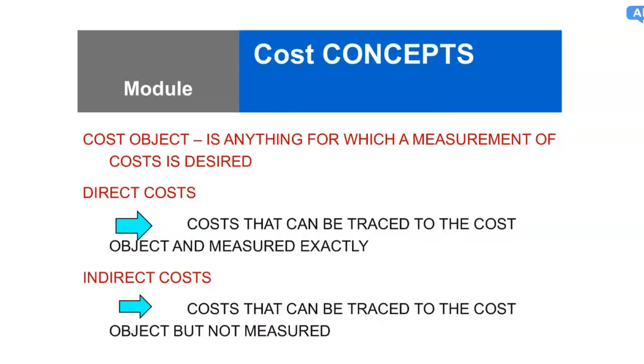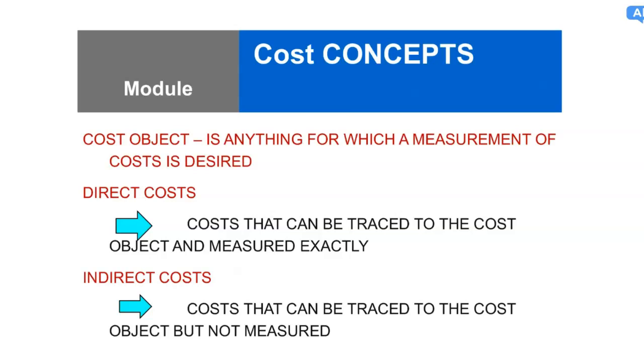And I look at it and I say, okay, wood. Yeah, wood was used to manufacture the desk. I can see that. I can measure how much wood, and I know how much I paid for the wood. So I can come up with the cost of wood that went into my cost object. Let's say 50 dirhams. All right. So that is a direct cost.